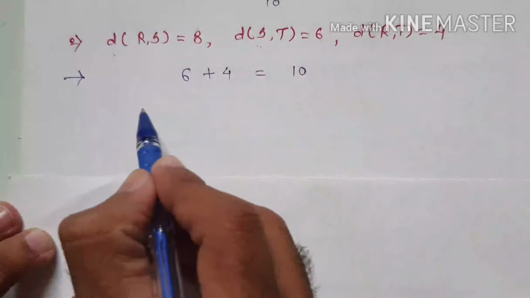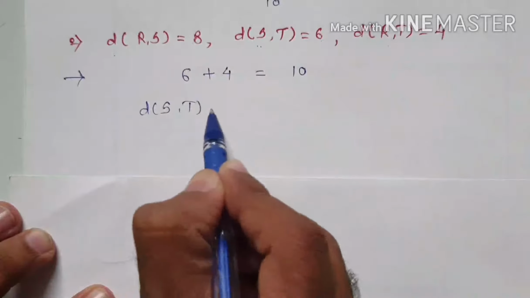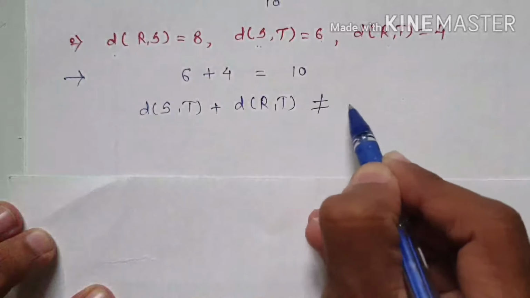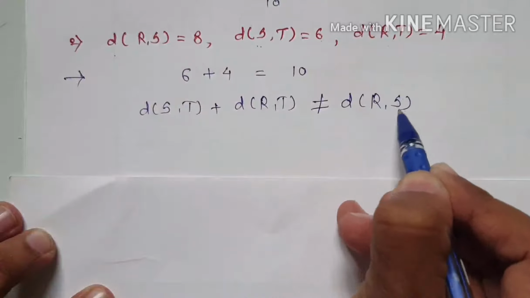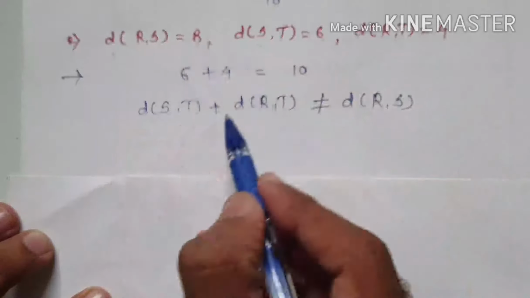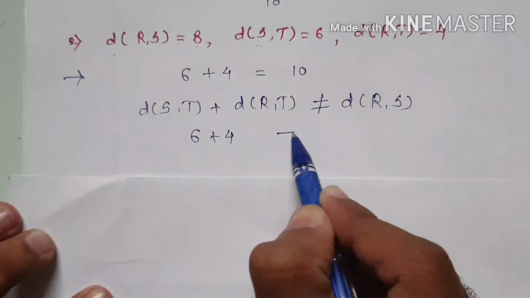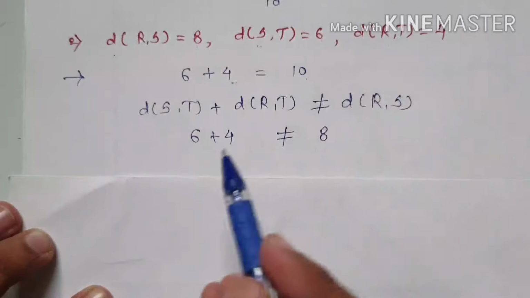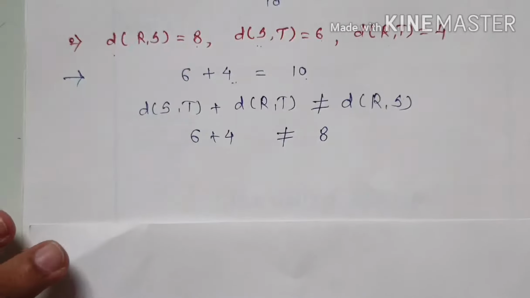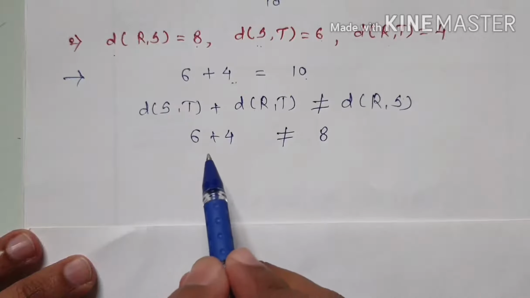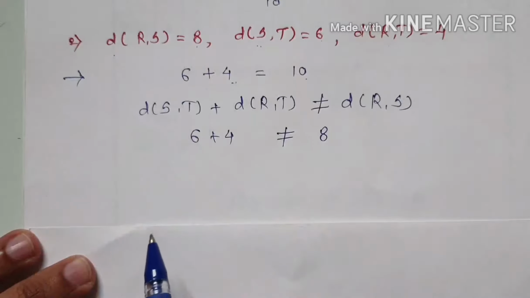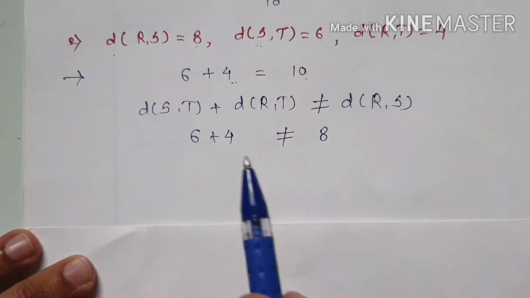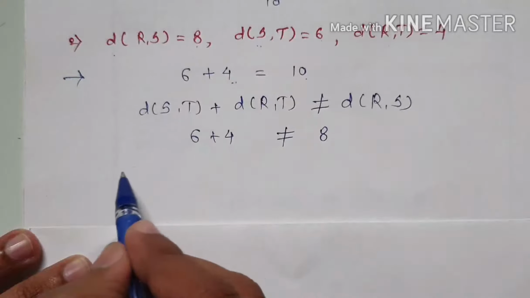So here we can observe that distance ST plus distance RT is not equal to distance RS, because distance RS is 8. Here 6 plus 4 is not equal to 8, because 6 plus 4 is equal to 10. As the sum of the two smaller distances is not equal to the largest distance, these 3 points, that is R, S and T, are not collinear.